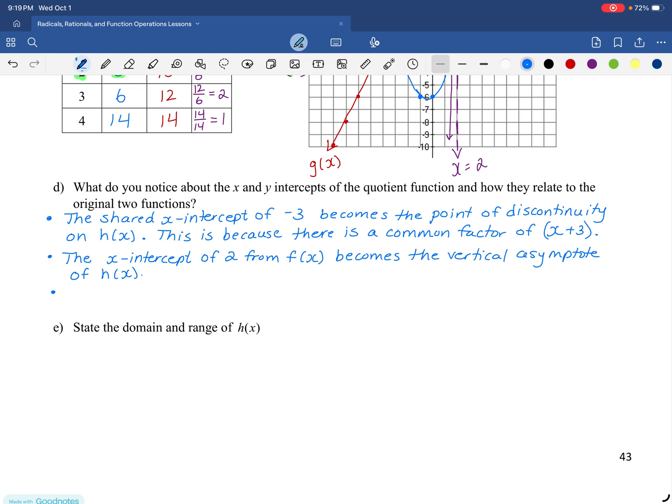Okay, so we'll just say the y-intercept of h of x comes from the division of g of x and f of x, y-intercepts.